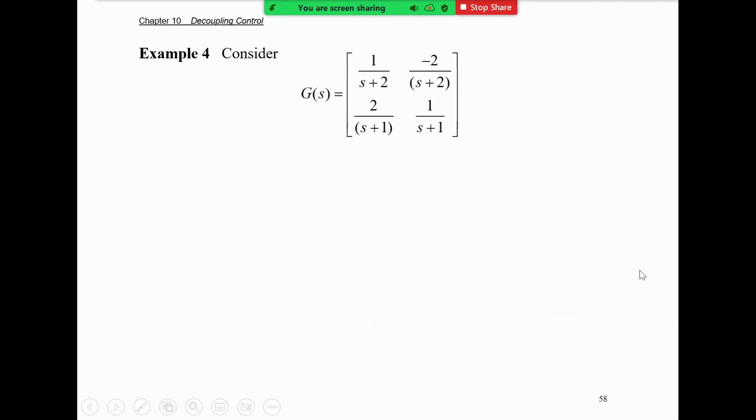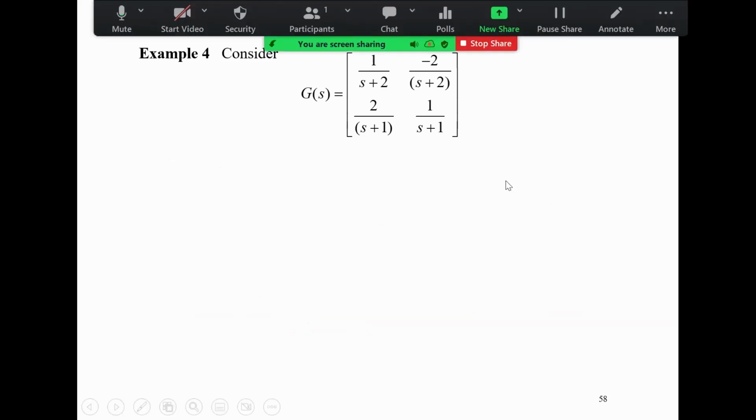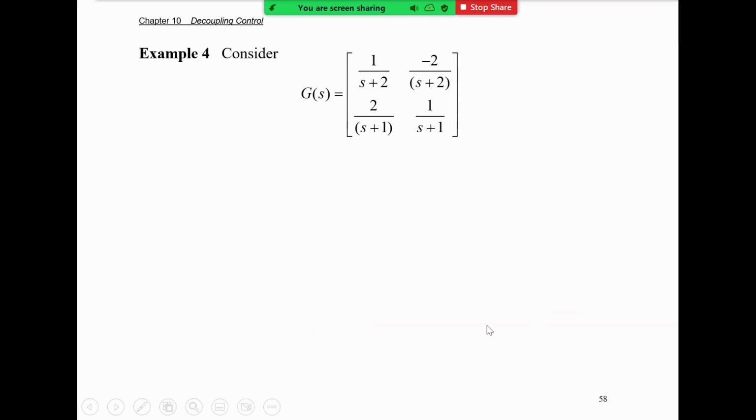Now let me show you the example here, where I give you a transfer function matrix. What is the least common denominator? S plus 1 times S plus 2.